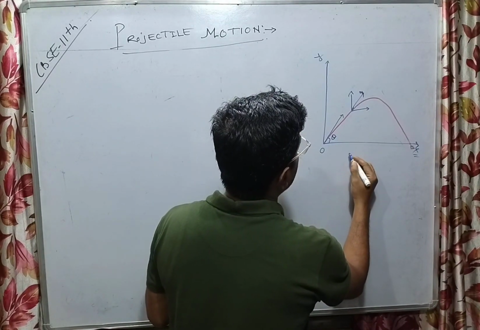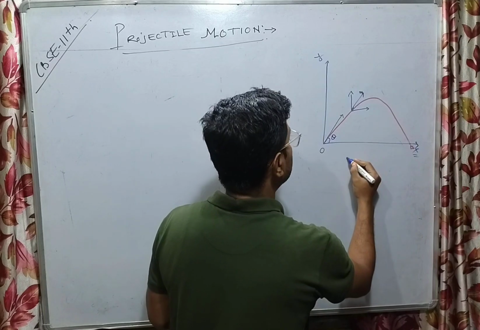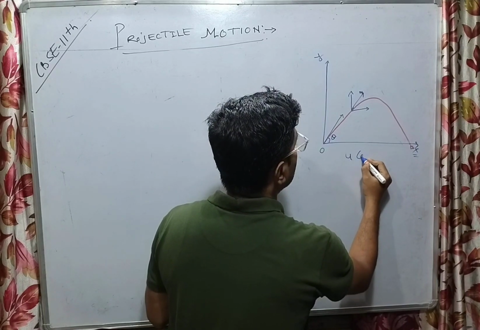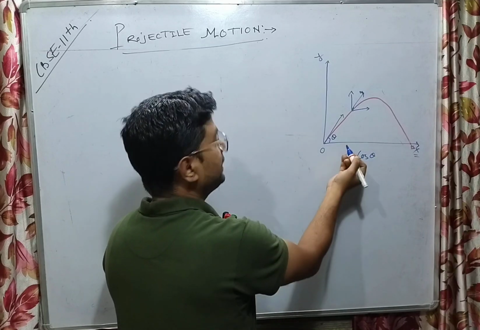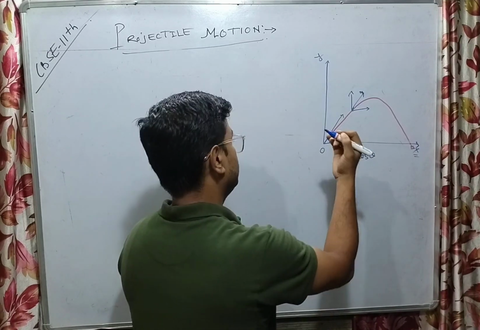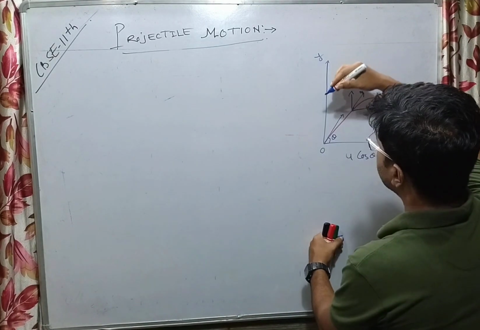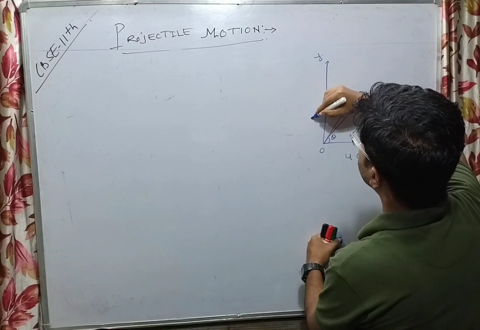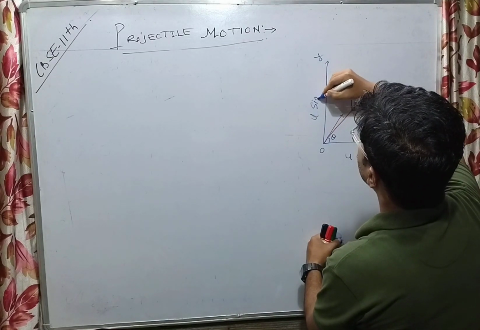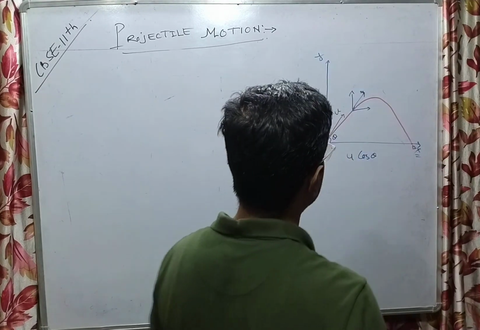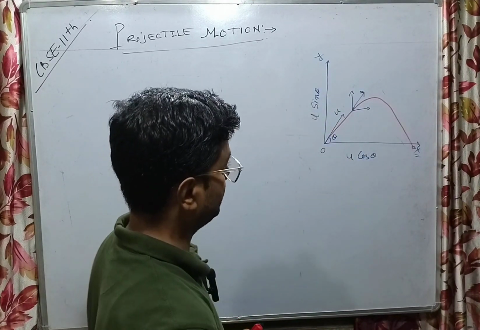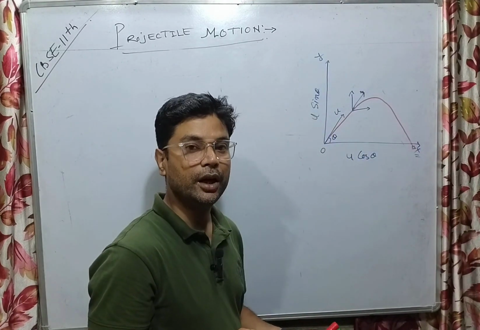Along the horizontal axis, the horizontal velocity of the object will be u cos theta. It can be calculated using trigonometry also. Along the vertical axis it is u sin theta, when the object is projected with the velocity u.